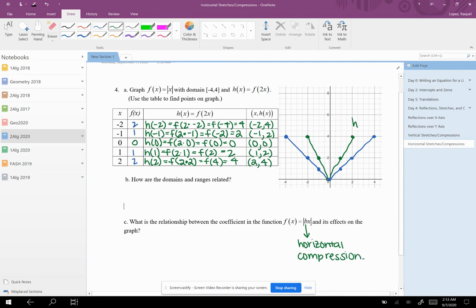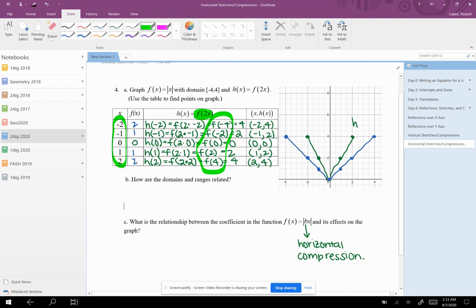Its immediate impact was on the input, and we can see that here. Here was our input, and here we see how that rule of 2 inside our parentheses affected those inputs.